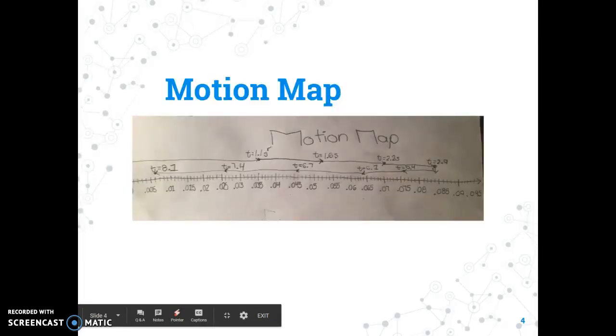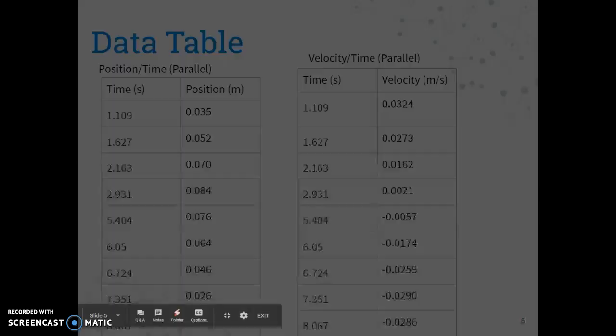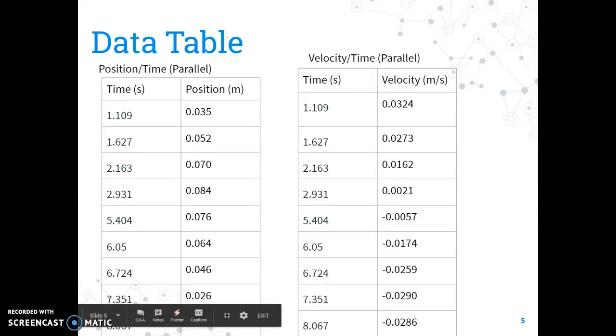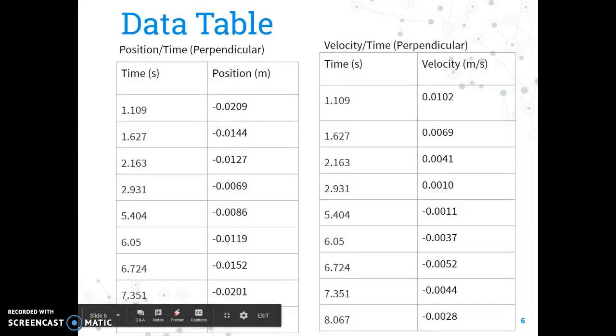So here is the motion map for the project. Here are the data tables for the parallel version of Action 1, and here are the data tables for the perpendicular versions of Action 1.